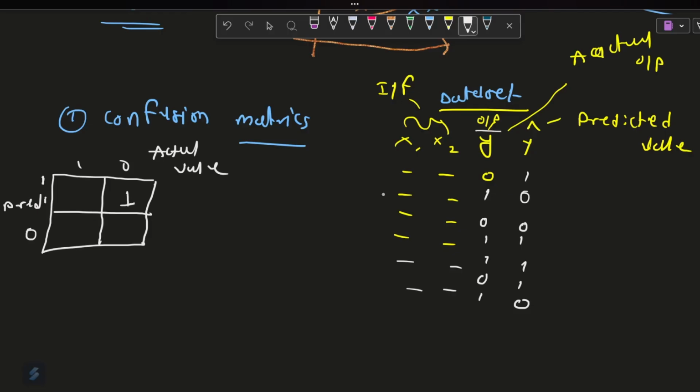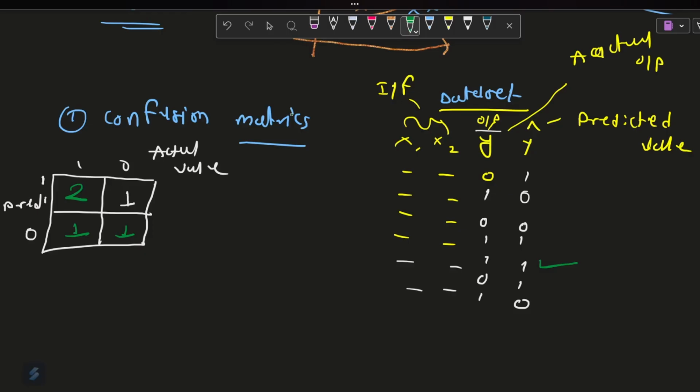So we increase that with 1. Similarly, the second point is 1, 0, so it comes here. That's a 1. And the third one is 0, 0. So this is a 1. The second 1, 1 point comes here, and another 1, 1 also, so we increase with a 1 value. So 2 points are coming here.